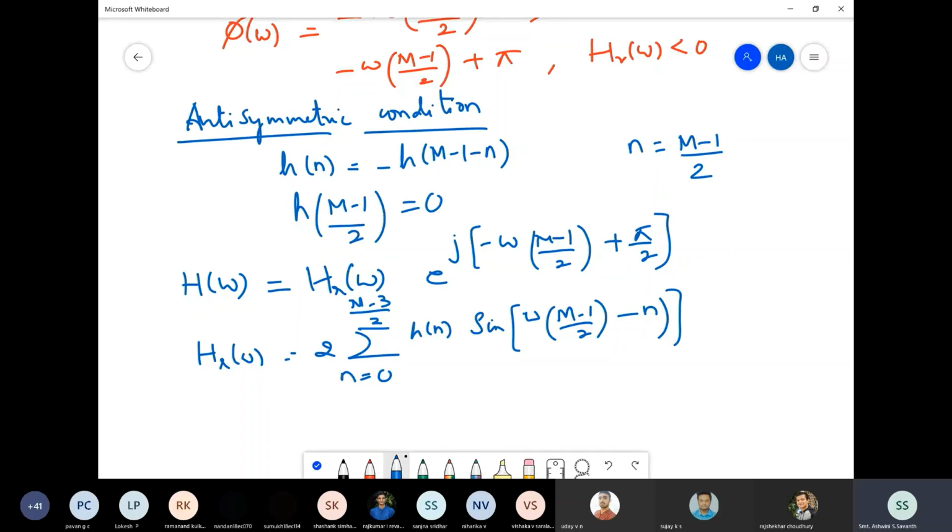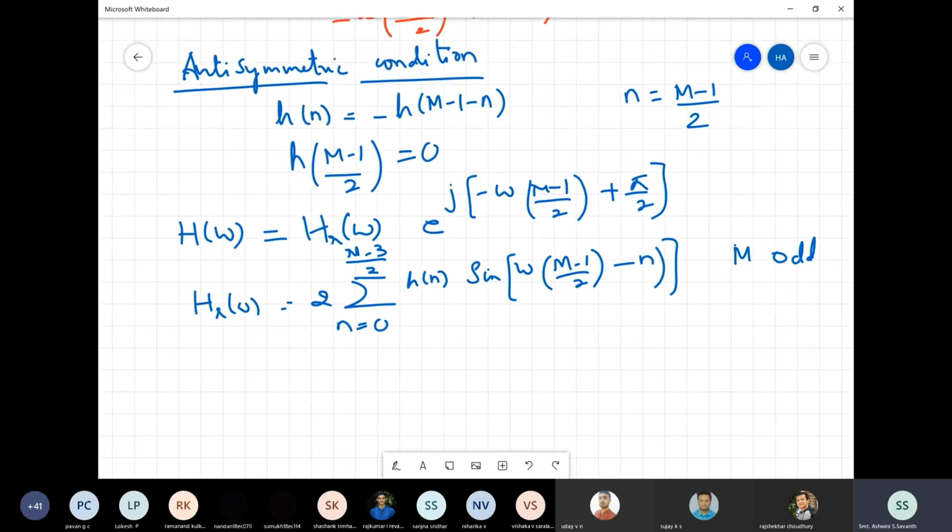So you can expect a sine here. Why? Because the signal is anti-symmetric, the samples are negative of each other. The samples in the first summation, if positive, the second summation terms are going to be negative. So that's why we get a sine term here. This is the expression for M odd.